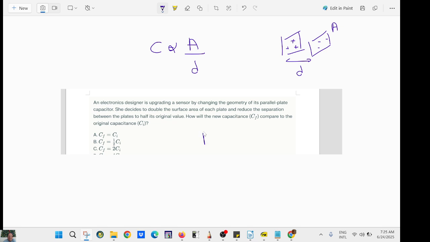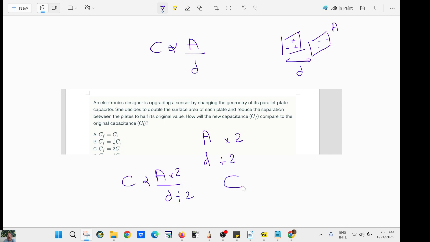So that means here the area is multiplied by 2, and the distance is divided by 2. Okay, so the new capacitance: the area is multiplied by 2, and the distance is divided by 2.